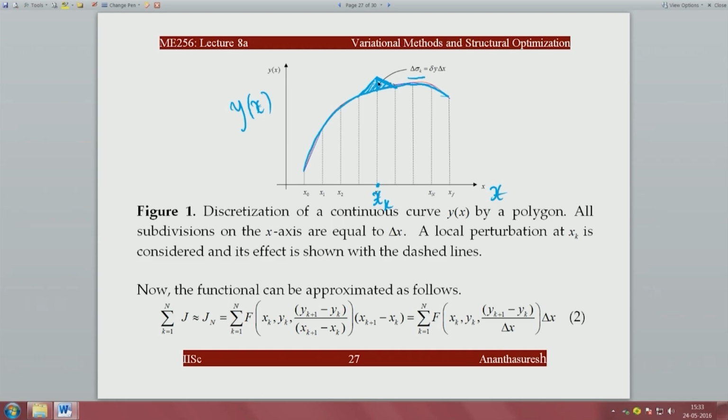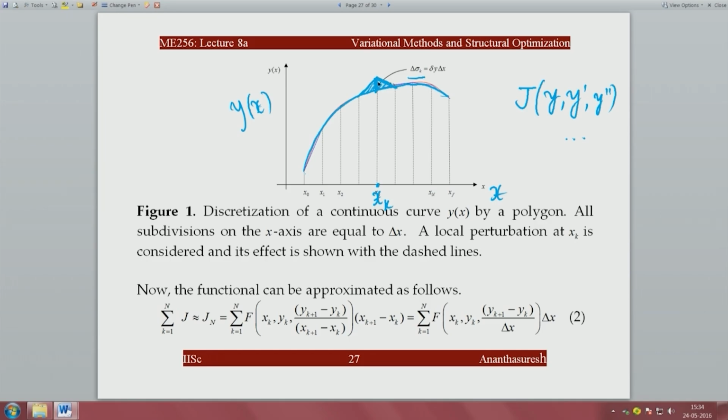Because of this, what is the change in my functional? This is only a y that we are doing, but remember that our functional depends on y and its derivatives, however many there may be. Now, if you take J and perturb it at, let us say, x_k, and you do that perturbation at every point, you do not know what this height, this height, this height is, you are discretizing.